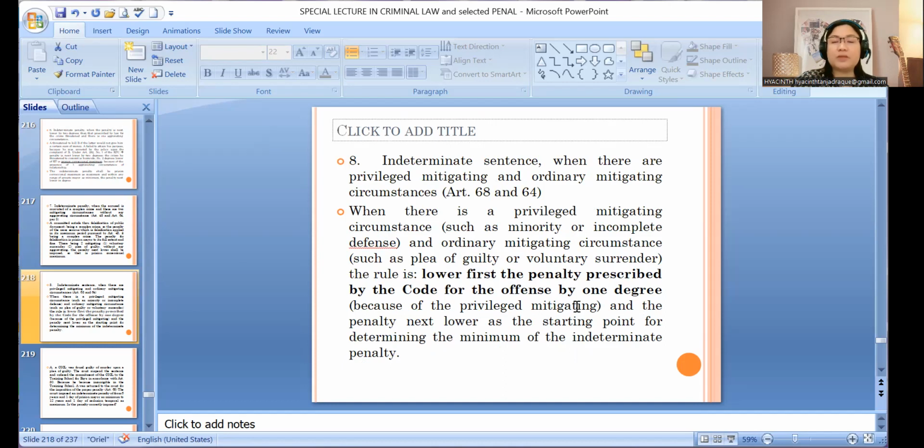Reason? Because of the presence of the privileged mitigating. After lowering, that would be our prescribed penalty. That would be the maximum of the indeterminate penalty. And from then on, you look for the penalty next lower because that would be the minimum of the indeterminate penalty.